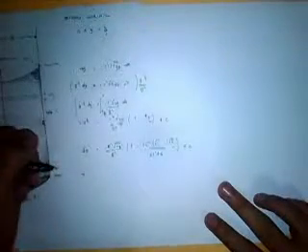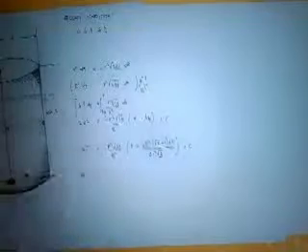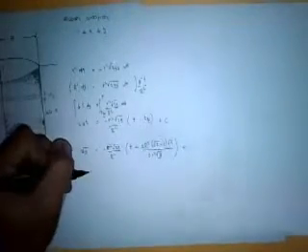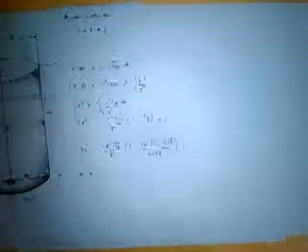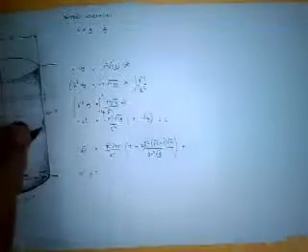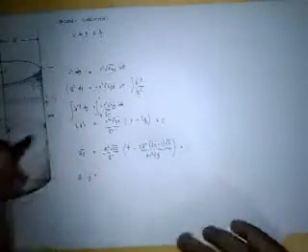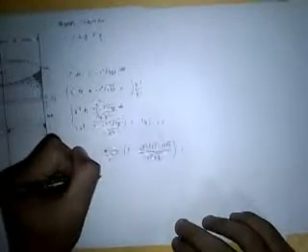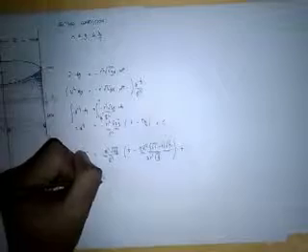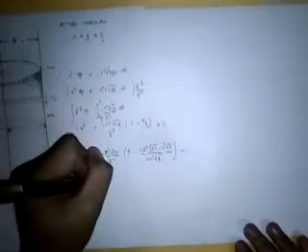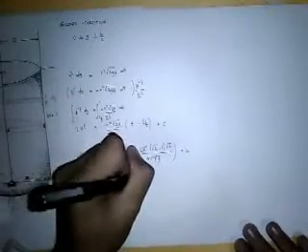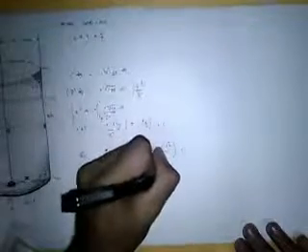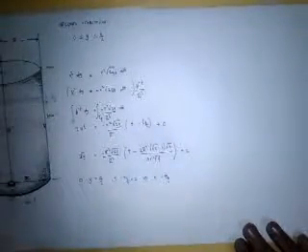To find c, when y is equal to h over 2 and time minus t of h over 2 is equal to 0, that means our t is equal to the time when the water is at half of the height.